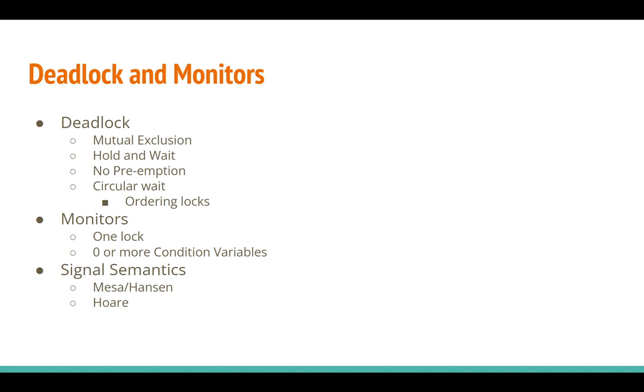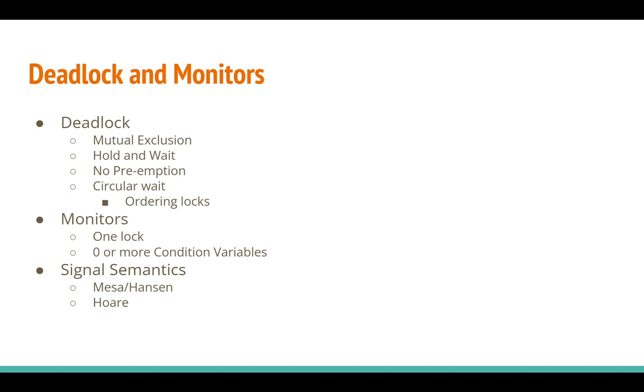So signal semantics. Whenever you have a monitor, you're going to signal threads to wake them back up whenever they're in the condition variables. If a thread is waiting, you call signal to a thread so that it'll wake up and it can use the lock and get into the critical section.